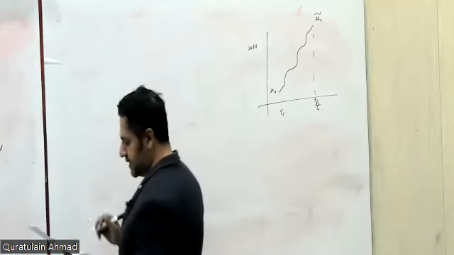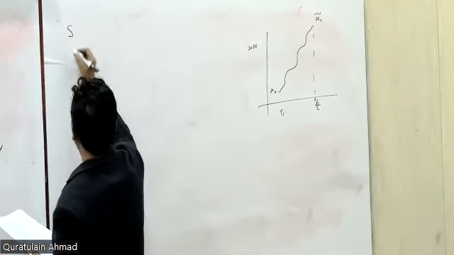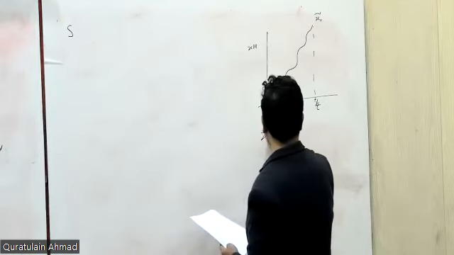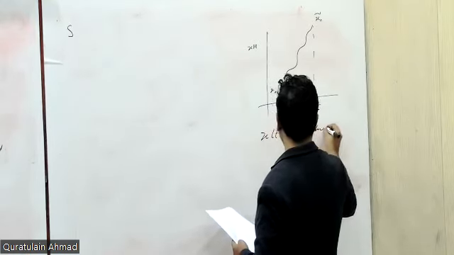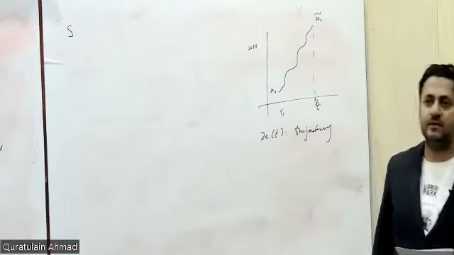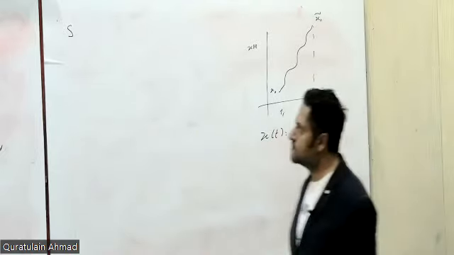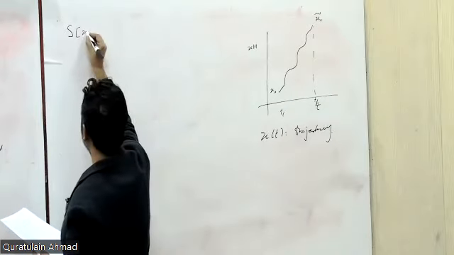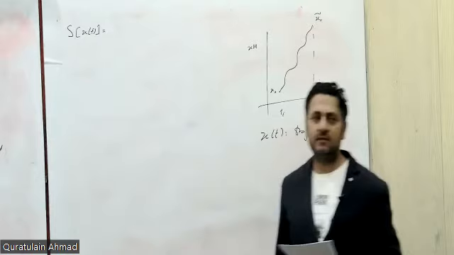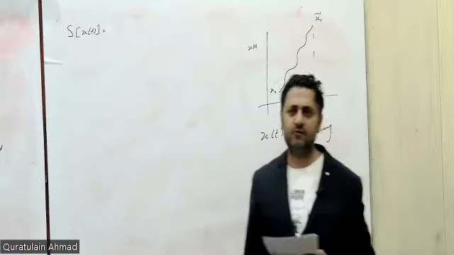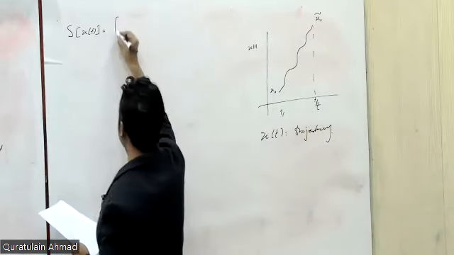So with this trajectory, there is a trajectory x of t, which is this. I construct a functional which takes these paths and gives out numbers. How do I construct it?